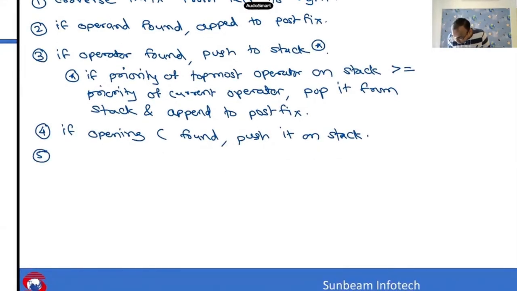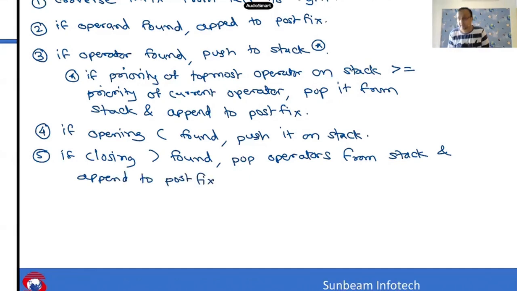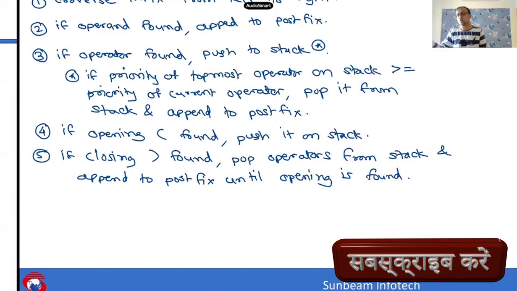What about next? If closing parenthesis is found, what is to be done? I'm saying pop operators from stack and append to postfix until opening is found.